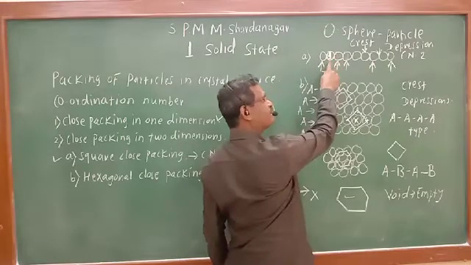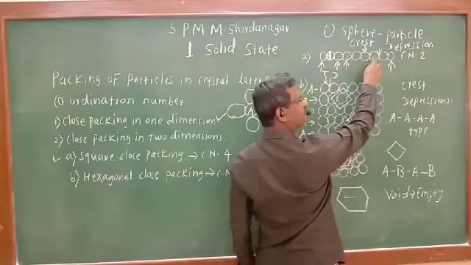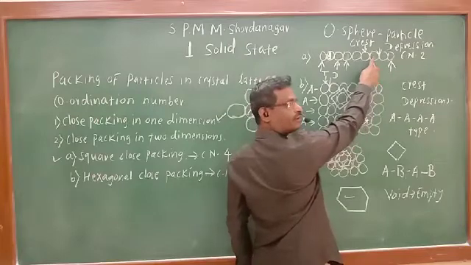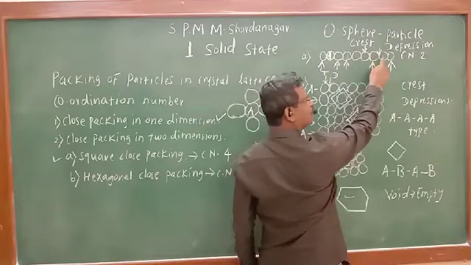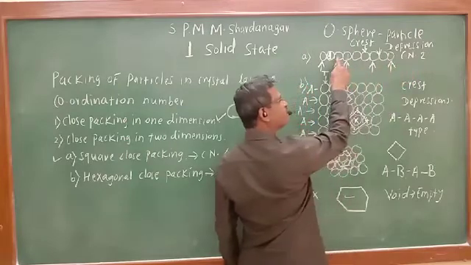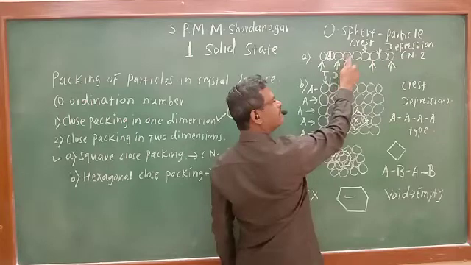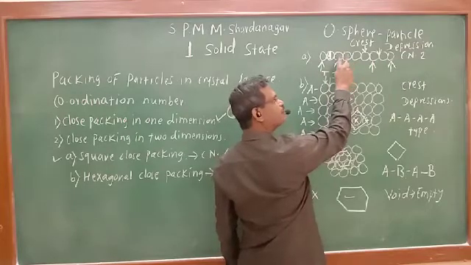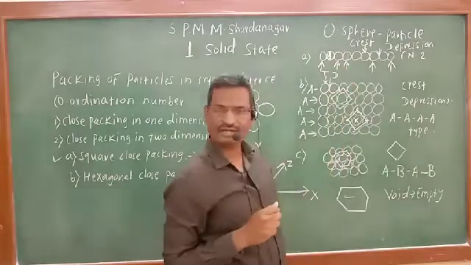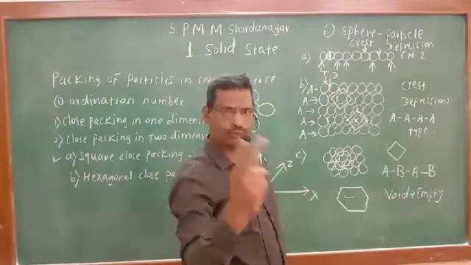So the coordination number of this is equal to 2. If you consider this one, it is in association with how many other spheres? 1 and 2. Therefore the coordination number is 2. If you consider this one, it is also in contact with 2 other spheres. If you consider this, it is also in contact with 2 other spheres. Therefore the coordination number in one dimension is equal to 2.